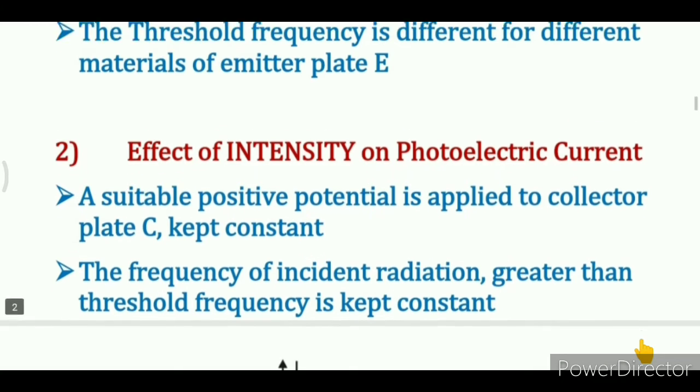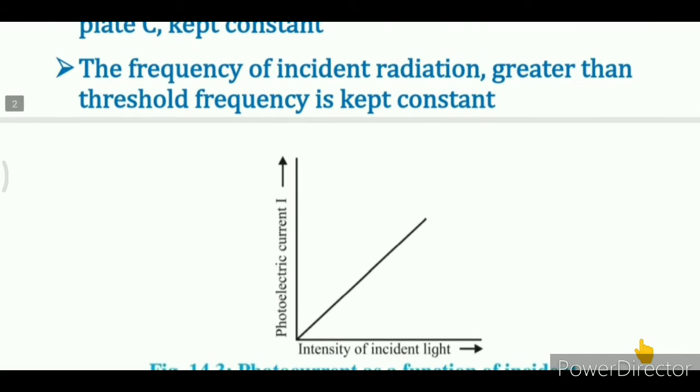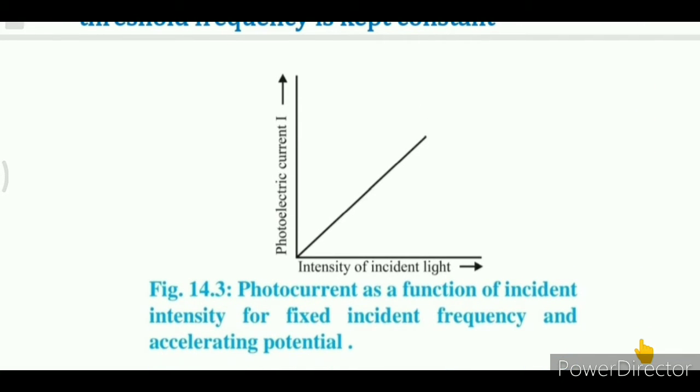Now we have to increase the intensity of the incident radiation from a very low value. For example, you can start from the 0 value of intensity to observe this effect.